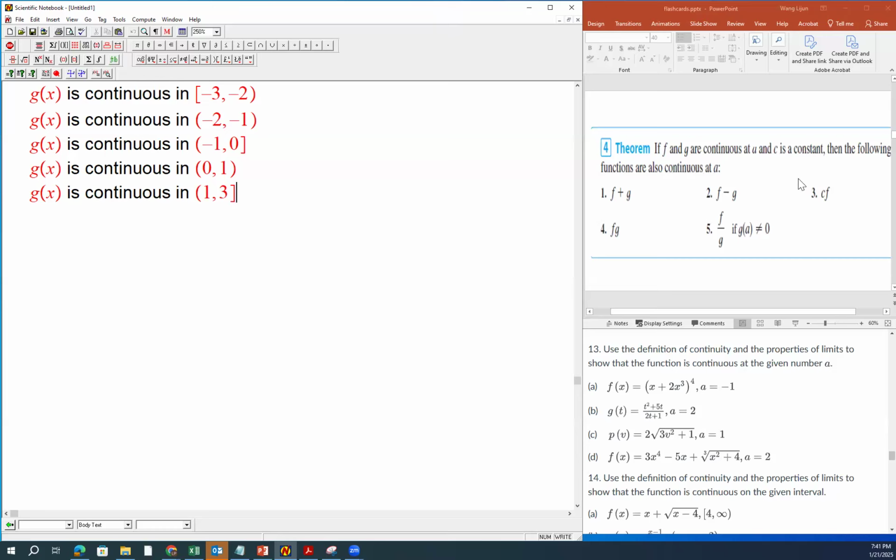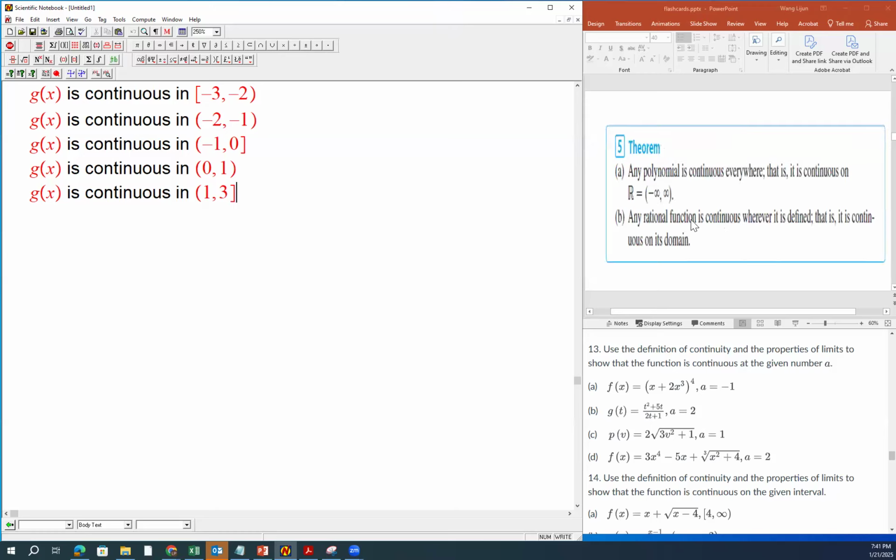If f and g are continuous at a and c is a constant, then you add them, subtract them, multiply them by a constant, multiply the two functions, and divide the two functions as long as the denominator is not 0, then adding, subtracting, multiplying, dividing, they're all continuous. This is a very, very powerful result.